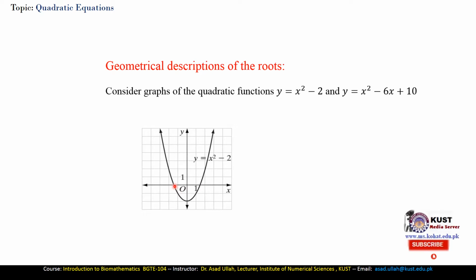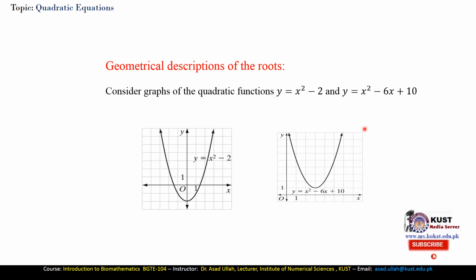So those points at which the parabola crosses the x-axis are the roots of the given quadratic equation or the quadratic function. While on the right hand side, this is the graph of x square minus 6x plus 10. This graph is also a parabola, but it is not crossing the x-axis.